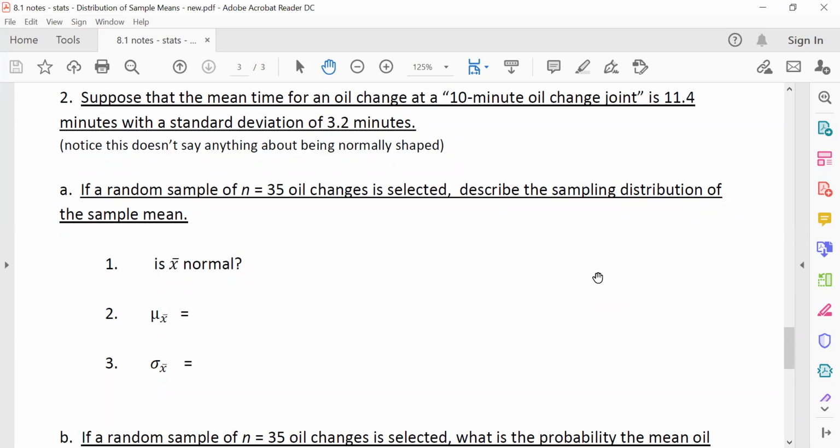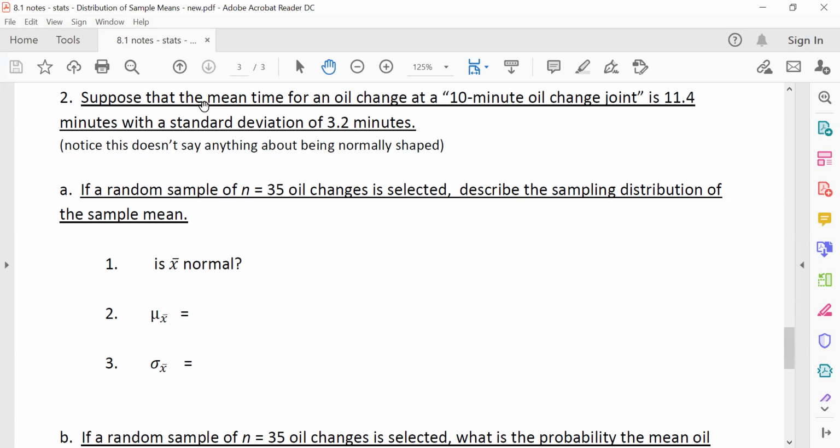So this could actually have a lot of funky different distributions. The bell curve is not the only distribution that exists in the world. There's all kinds of ways things can be distributed. But we don't know whether this one is normal or not. However, next up, we're going to take a random sample of 35 oil changes, which goes beyond our threshold of 30.